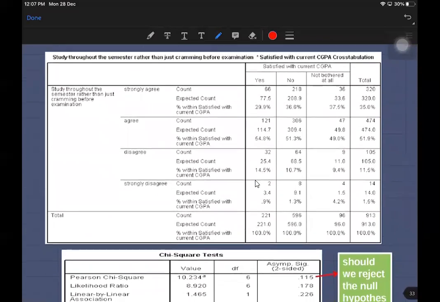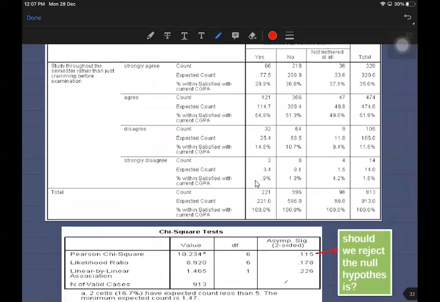Another example. Let's say alpha is also 0.05. The p-value here is 0.115. The p-value is greater than alpha, 0.05. So the decision will be do not reject the null hypothesis.